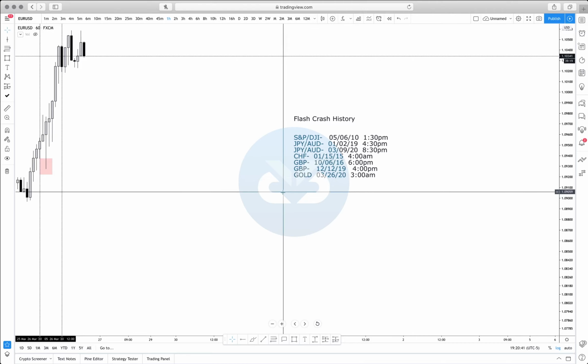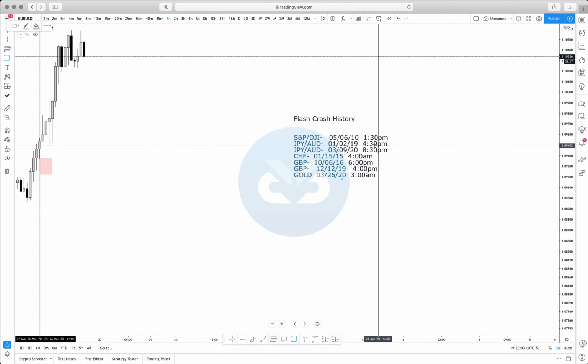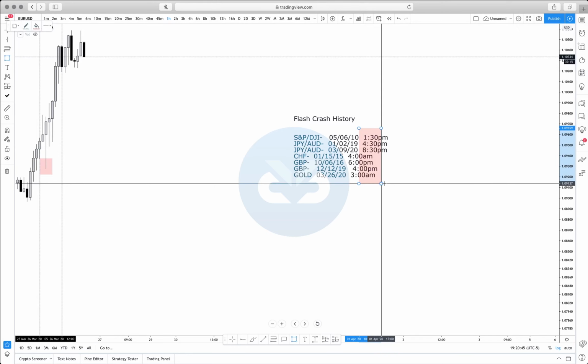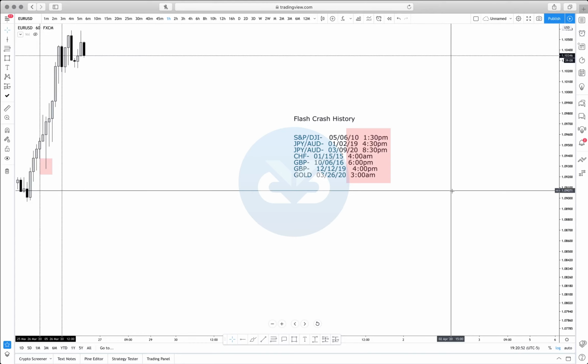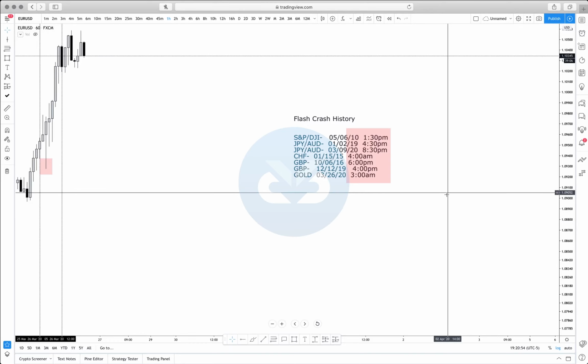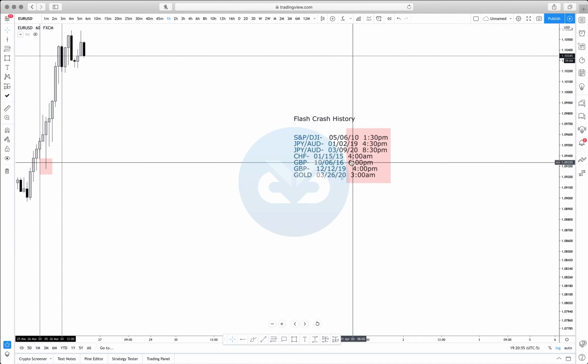And there's something cool that you should understand about all of these, right? They all share one similar trait, and based off of my rules, none of these happened within my sessions.